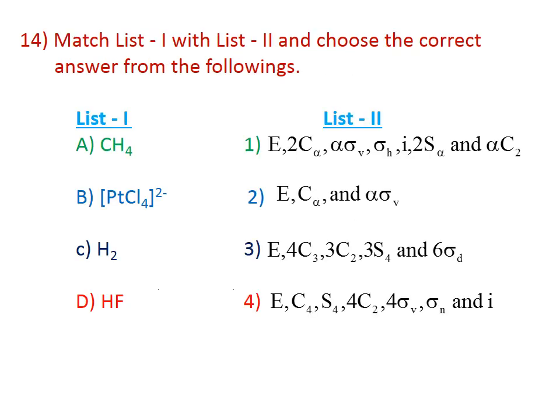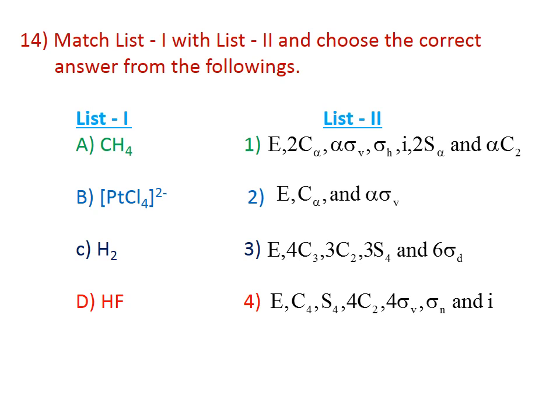Question number 14. Match list 1 with list 2 and choose the correct statement. Here we are going to match list 1 with list 2. In list 1, A is CH4.